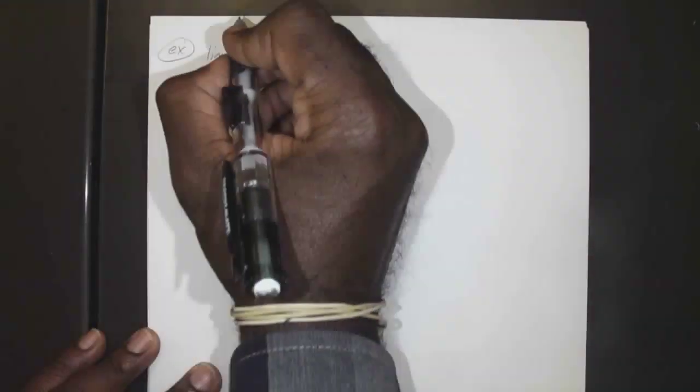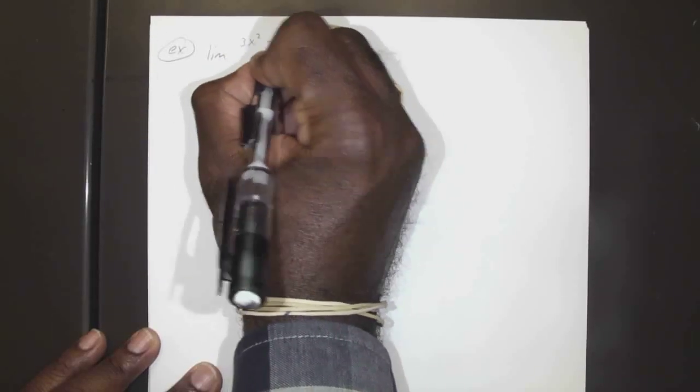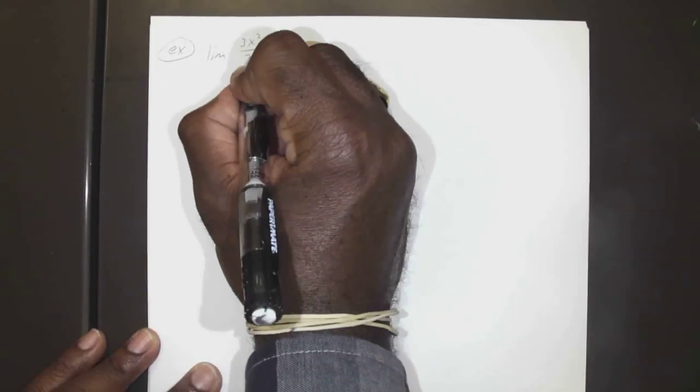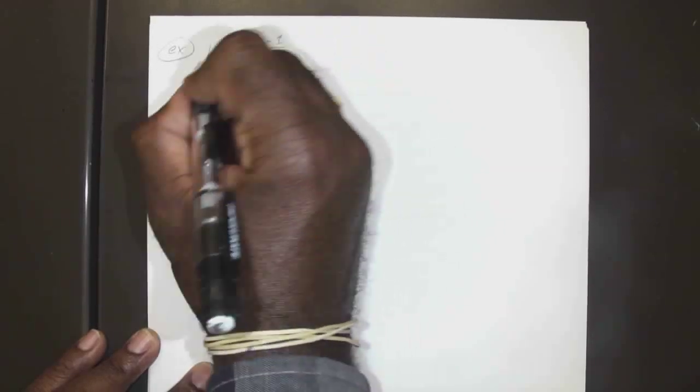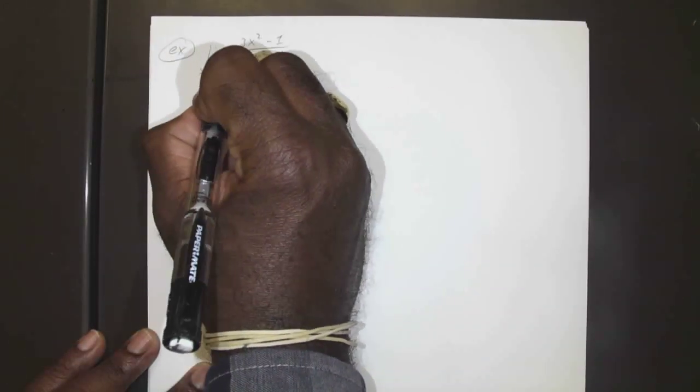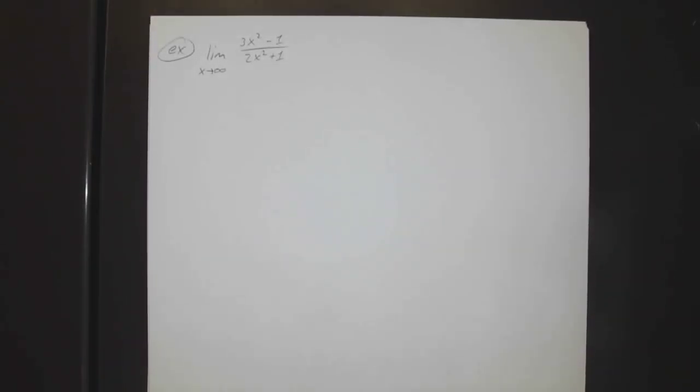I want to find the limit of 3x squared minus 1 over 2x squared plus 1 as x approaches infinity.